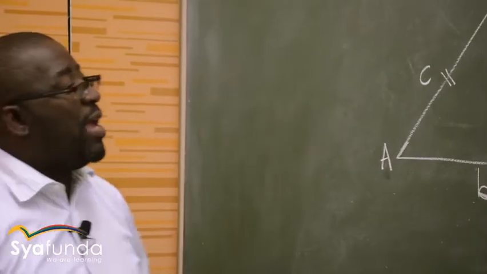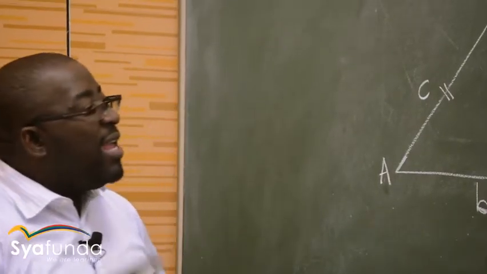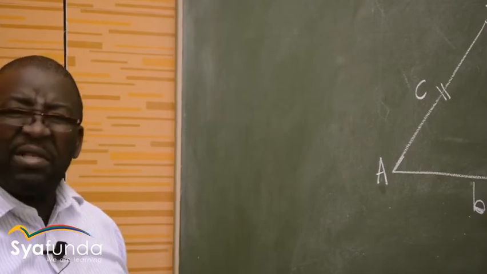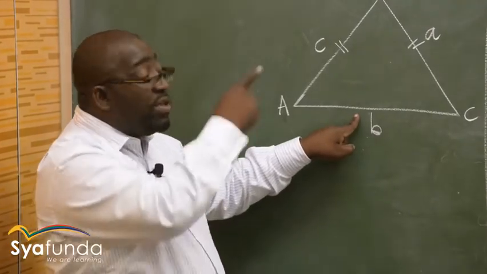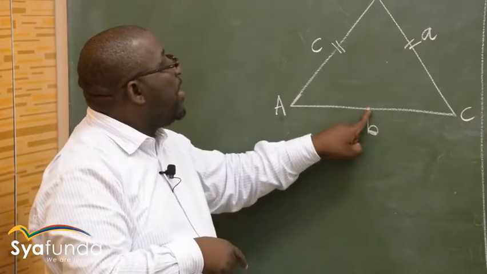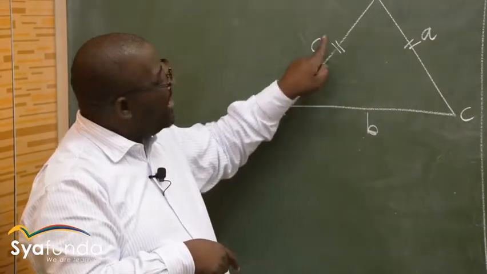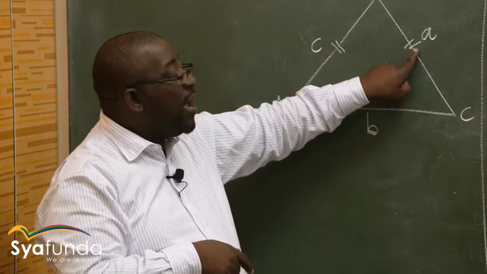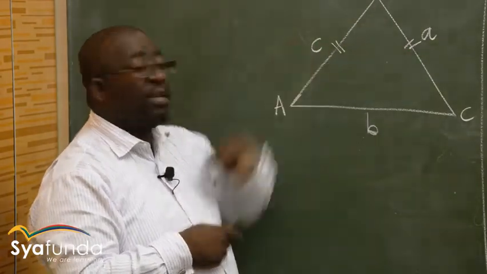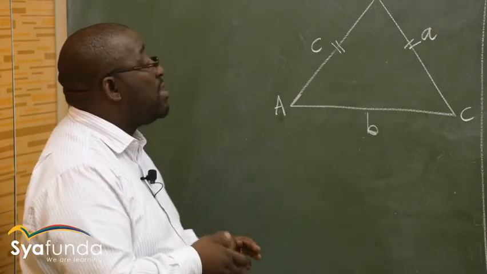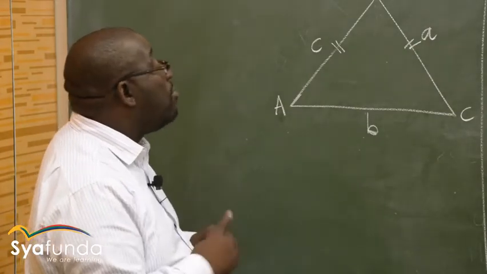Now, let's look at what we have. If this means cosine rule, this side is squared because I can see b squared there. This side squared is equal to this side squared plus this side squared minus 2 of left side times left side cosine of that angle. That's what the cosine rule says. Let's write it down.